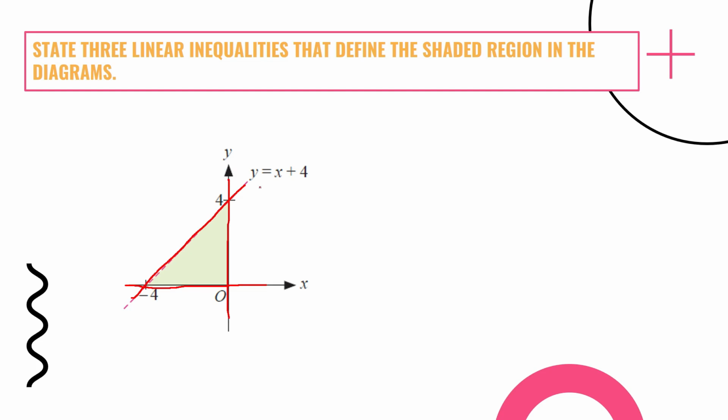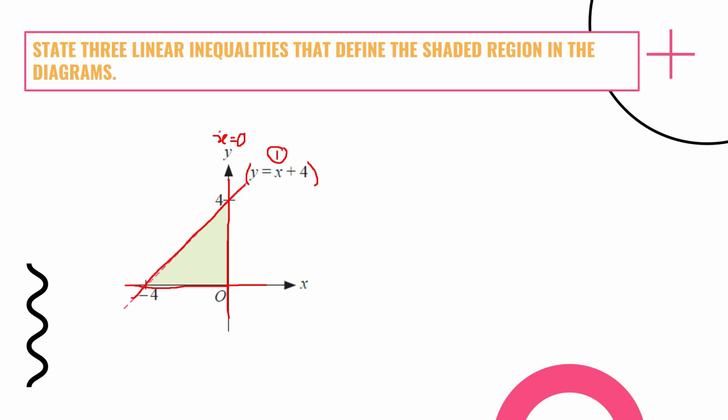From this graph, we can see this linear equation, y equal to x plus 4. This is our first equation. Our second equation is this y-axis. The equation that is parallel to the y-axis is x equal to 0.